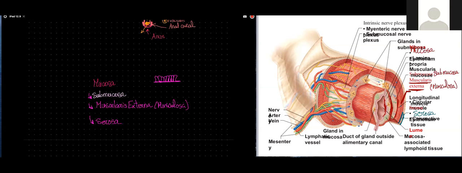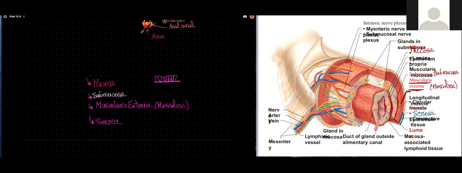Columnar, columnar. What else? Any other? So it's according to what part?